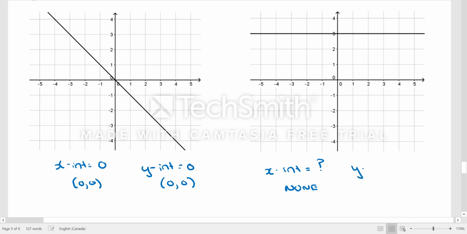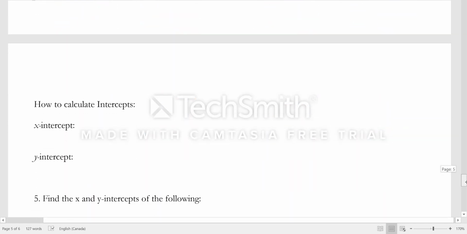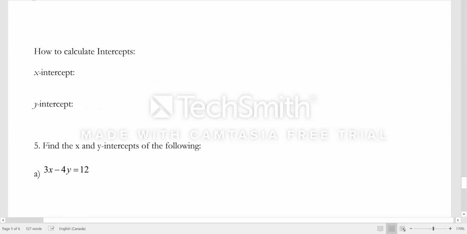Okay, the y-intercept is +3 for a coordinate of (0, 3). Okay, and we'll talk about this type of line a little bit later. We'll refer to it as a horizontal line, but for now we're going to move down a little bit further.